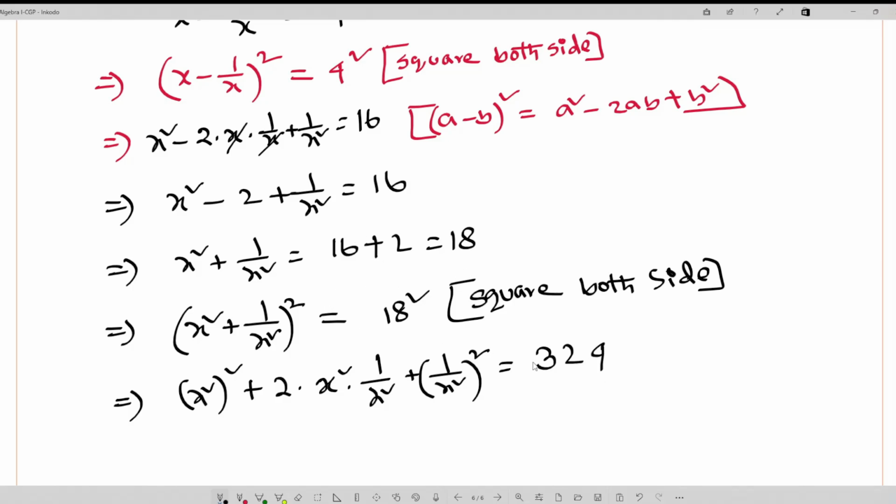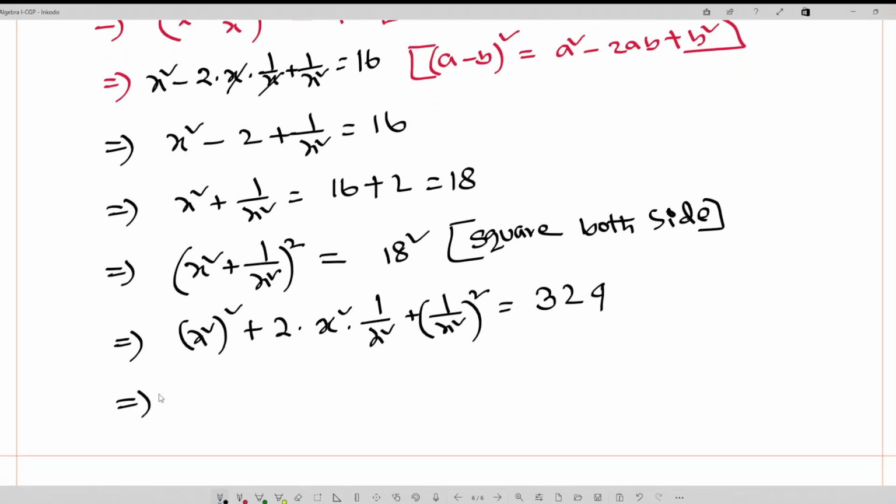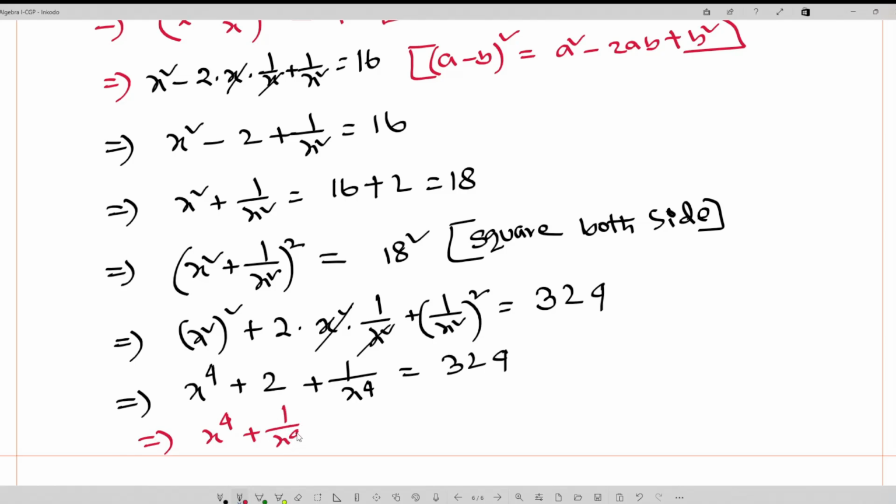We can use a calculator. Now look, here is x to the power 4 plus, this x square cancels out, so here is 2 plus 1 by x to the power 4 equals 324. Now x to the power 4 plus 1 by x to the power 4 equals 324 minus 2, so here is 322, right?